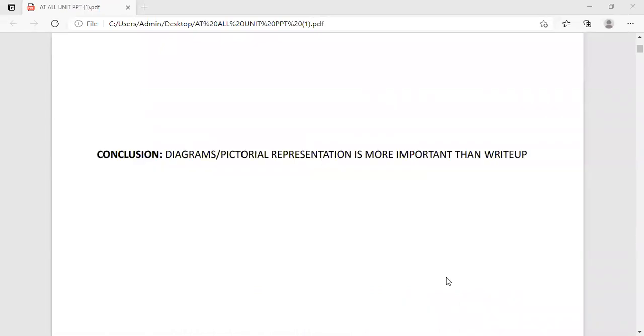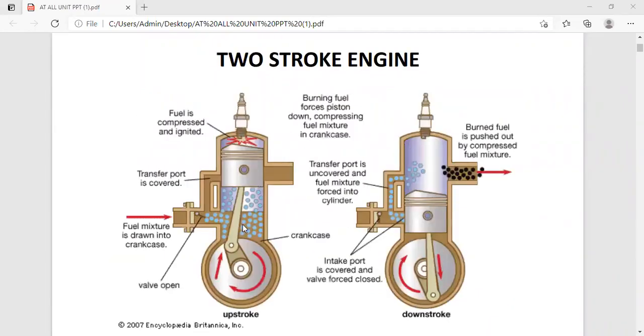As you have seen here, the fuel contains chemical energy, and we provide a spark to this fuel mixture. As the spark is provided, it is converted into combustible gases and forces down the piston-cylinder arrangement.